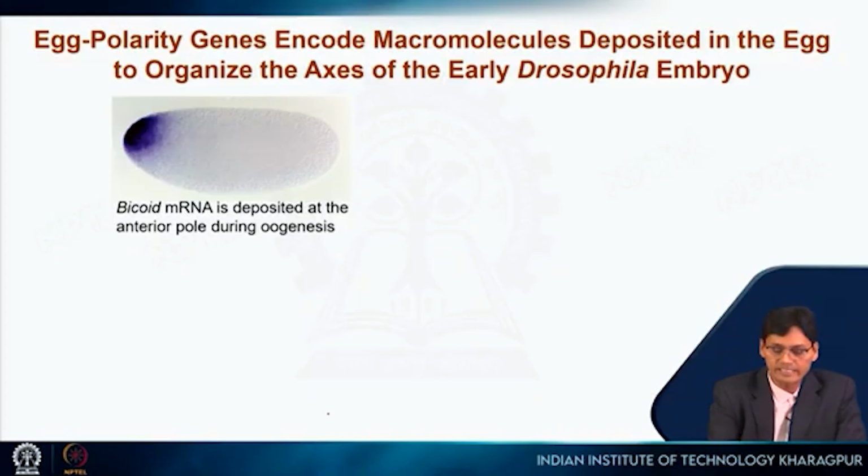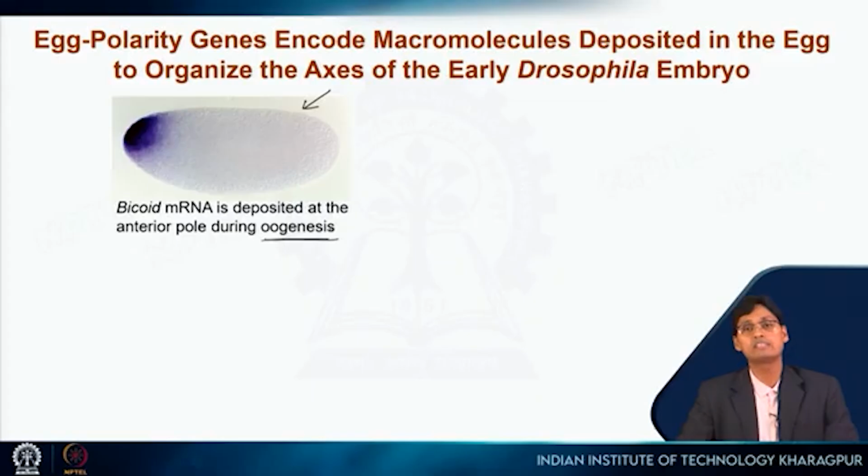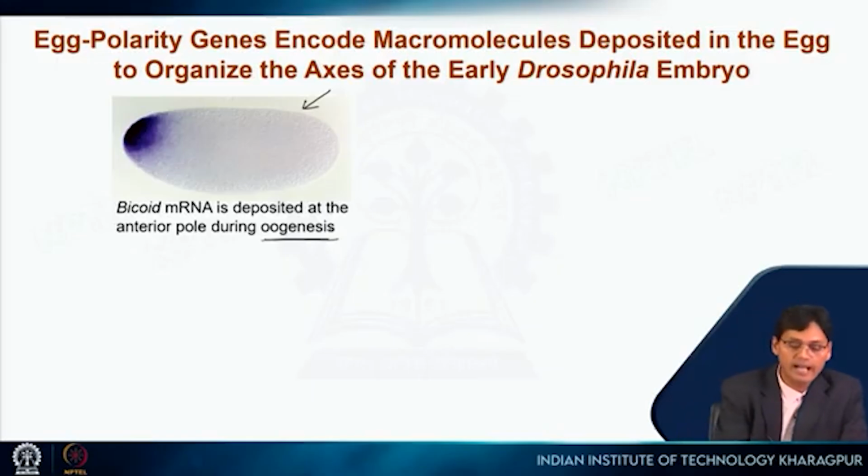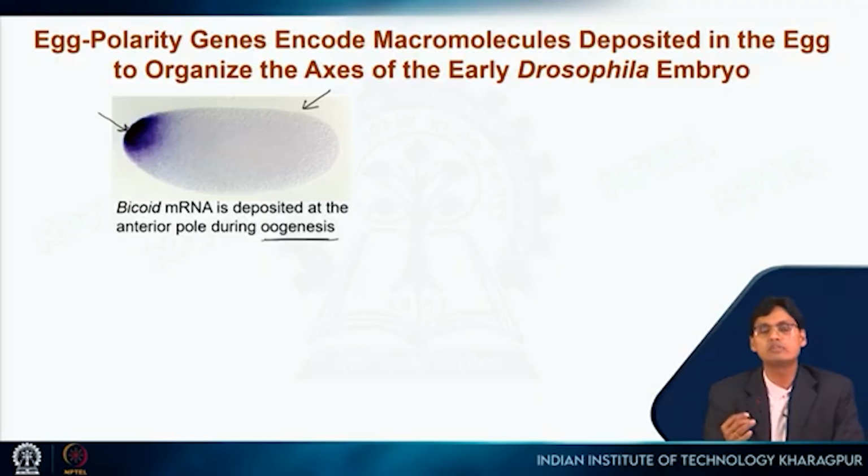So again, this is just a single cell. You can consider that bicoid mRNA is deposited at the anterior pole during oogenesis. That means this egg is not yet fertilized. This is even before fertilization, you can see at one end here something is getting deposited.